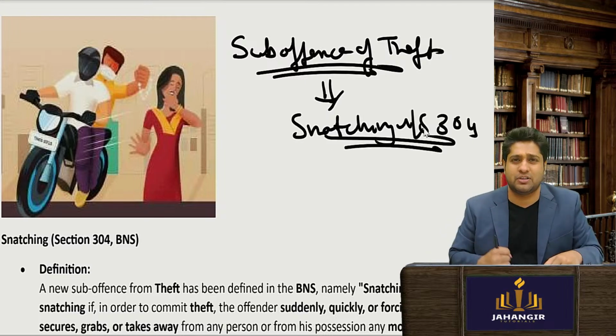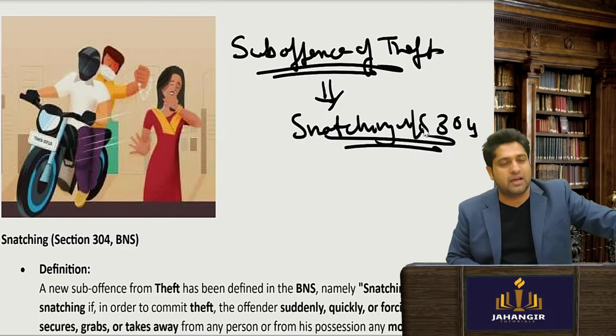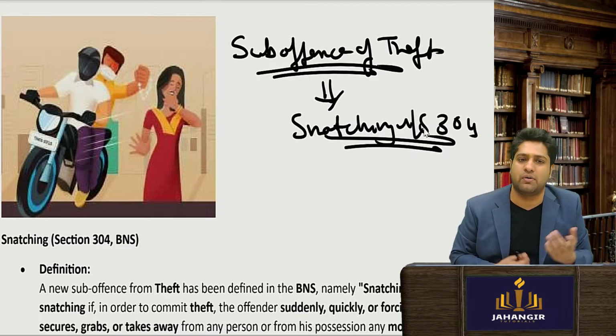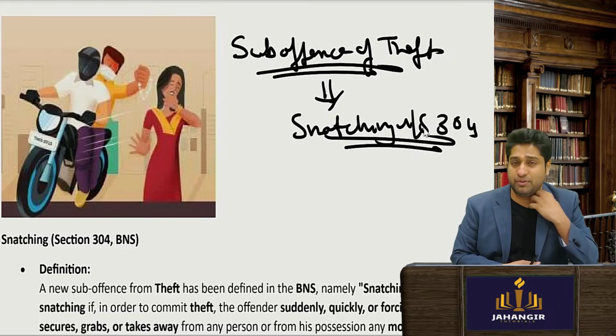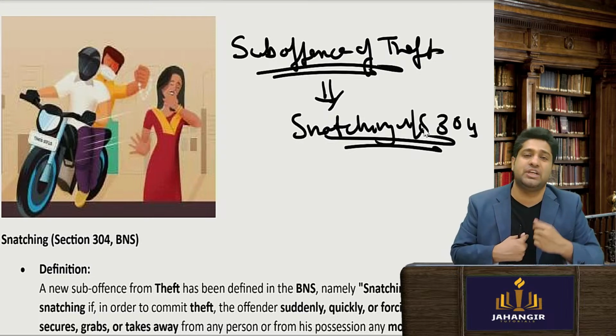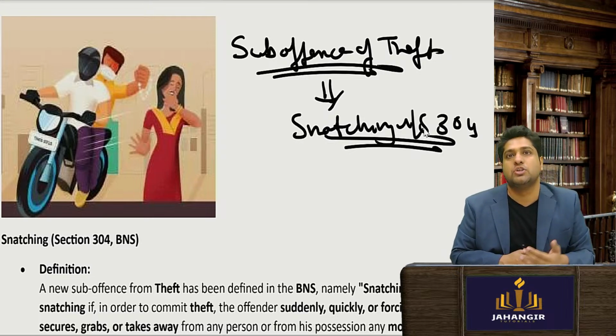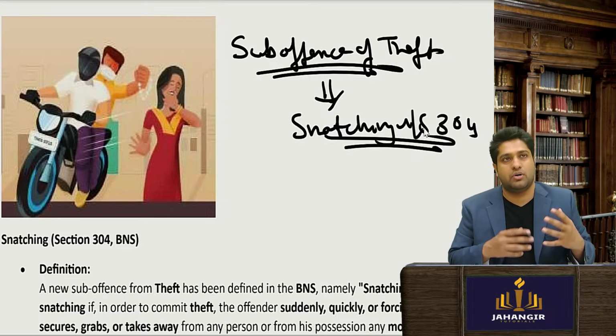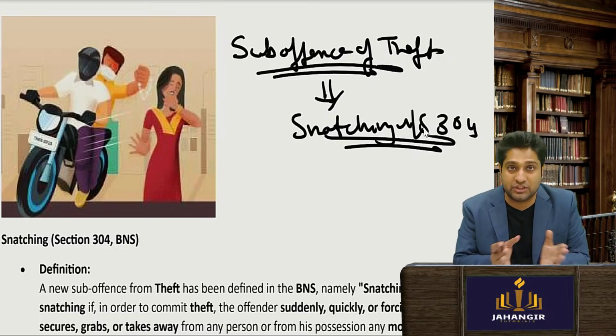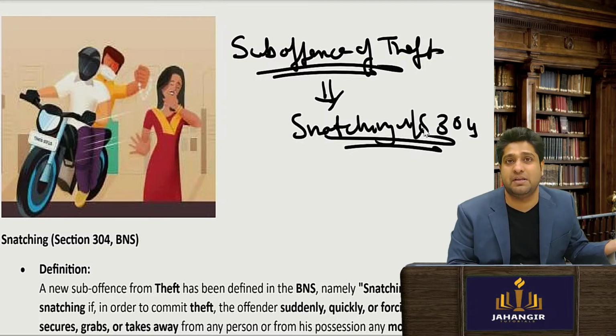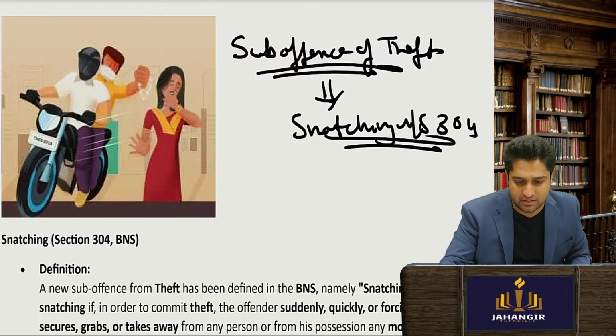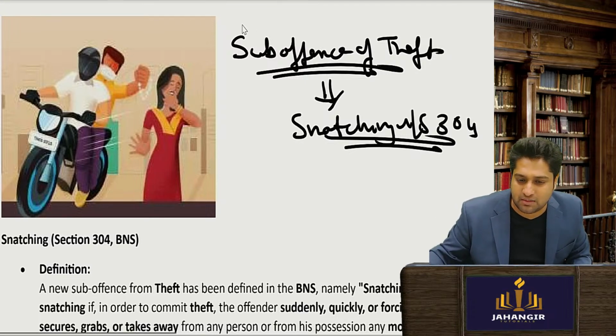Imagine they are riding on a bike, they take away your laptop, your phone. Nowadays it's happening a lot. Sometimes married women are wearing a chain, they snatch it and run away. This was never a specific offense mentioned in the Indian Penal Code. This was the first time that they have added it. So we have to first write it is a sub offense of theft only.